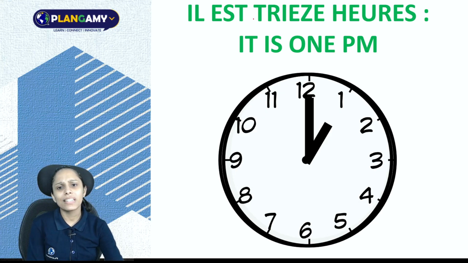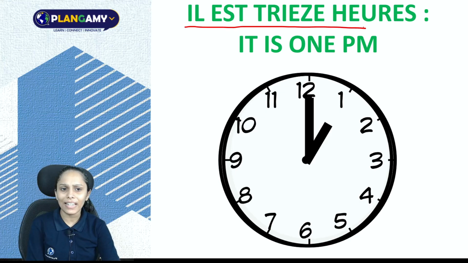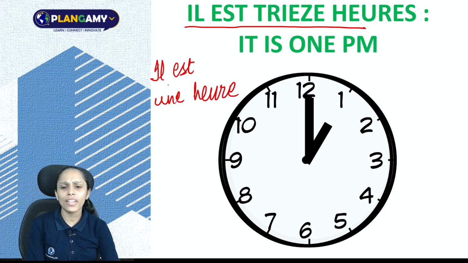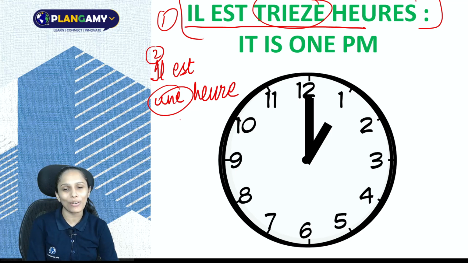Now let me tell you the difference between il est 13h and let me write it down here. Il est une heure. H-E-U-R-E. Alright. So here these are two different sentences. Here in this sentence we are talking about number 13, but here we are talking about number 1.